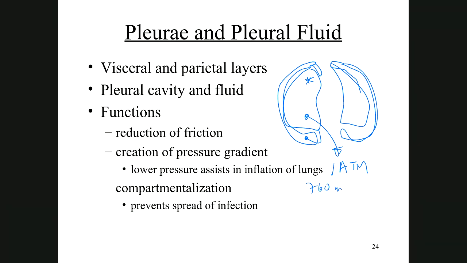But in the pleural cavity, which is here, the pressure is slightly lower. Let's say it's 756 millimeters of mercury. So there's a difference. The difference here is known as transpulmonary pressure.